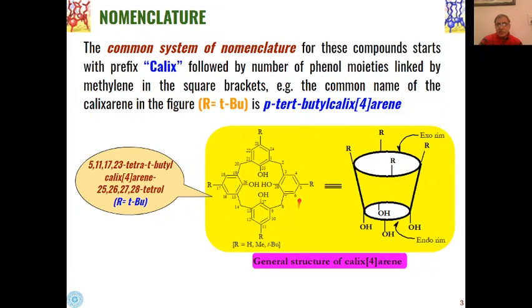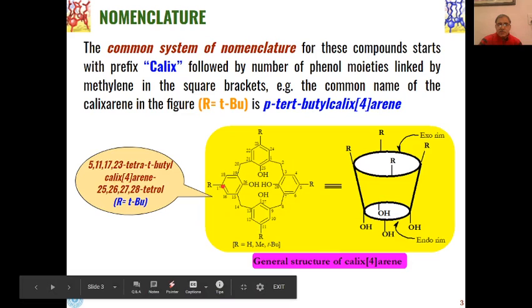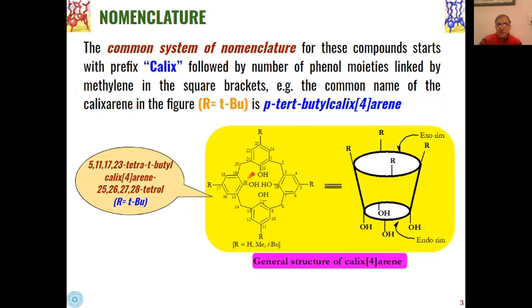For example, in this case, if this R is a tertiary butyl group, then that means the tertiary butyl group is present at positions 5, 11, 17 and 23, whereas the hydroxyl groups of the phenols are present on carbon numbers 25, 26, 27 and 28.